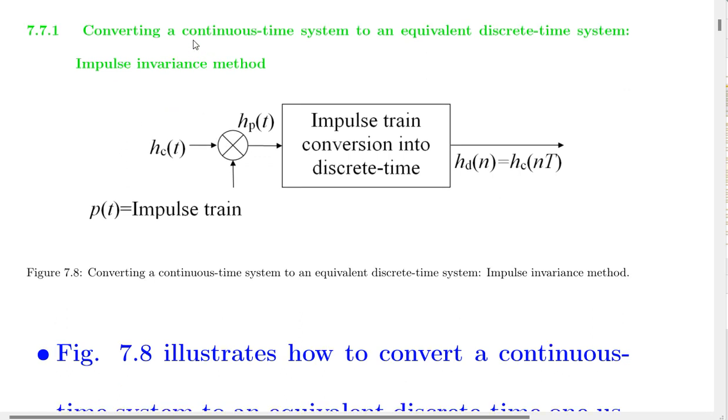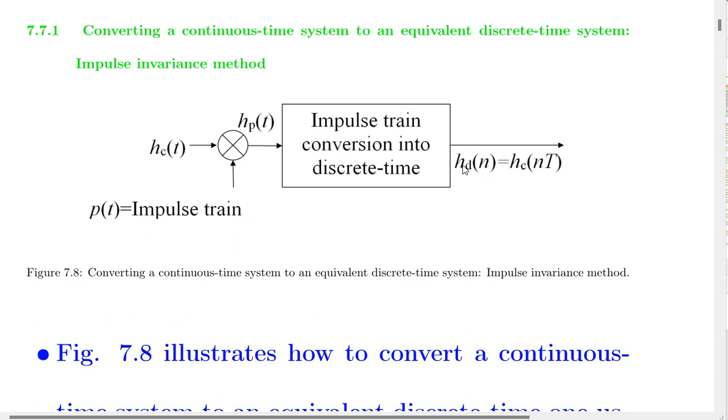Anyhow, converting a continuous time system to an equivalent discrete time system: the impulse invariant method, the first one. Here you see the block diagram of the system. h_c(t) is multiplied by an impulse train, leading to h_p(t), then the impulse train is converted into discrete time.